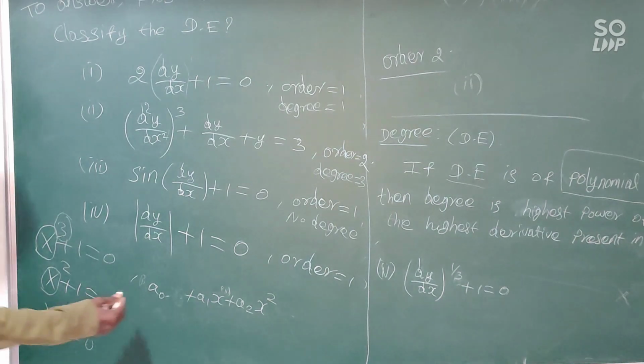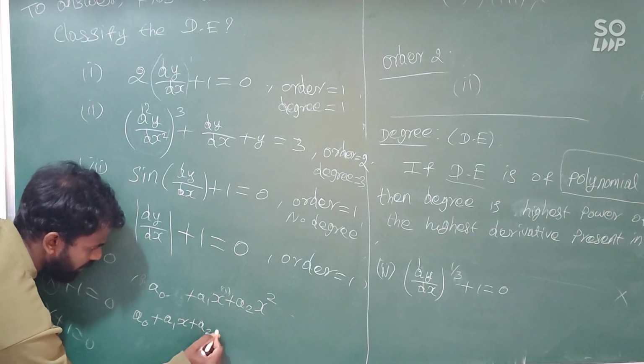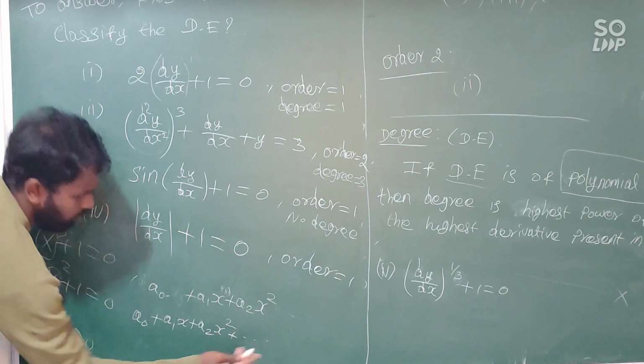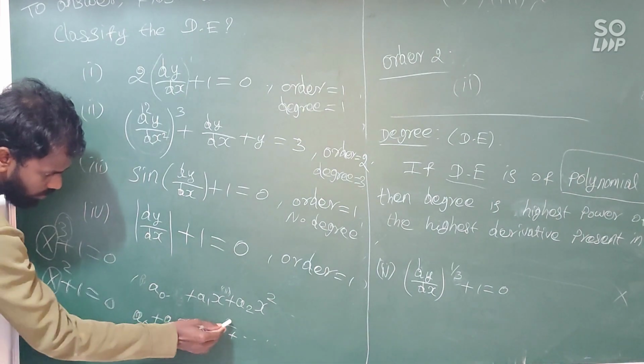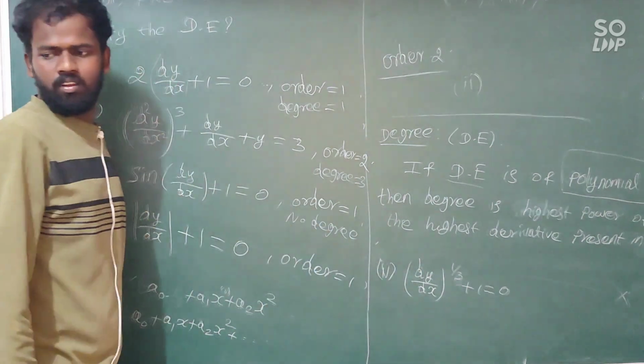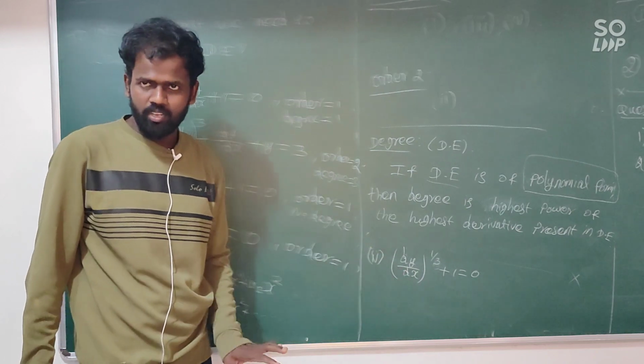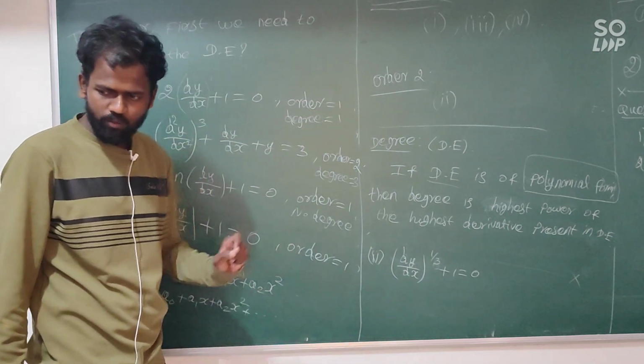Polynomial means it should be of the form a0 plus a1 x plus a2 x squared, like that it should go. Means all powers are integers, 1, 2, 3, right? But here you have 1/3. Can we do something in this differential equation and make it polynomial? What can we do?